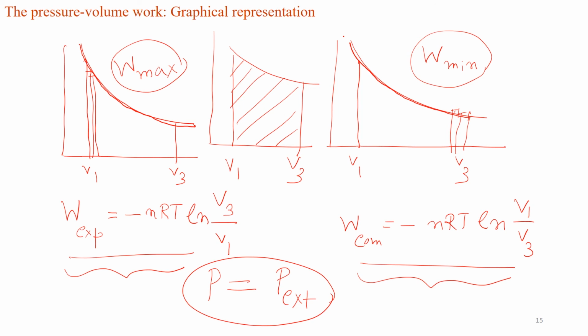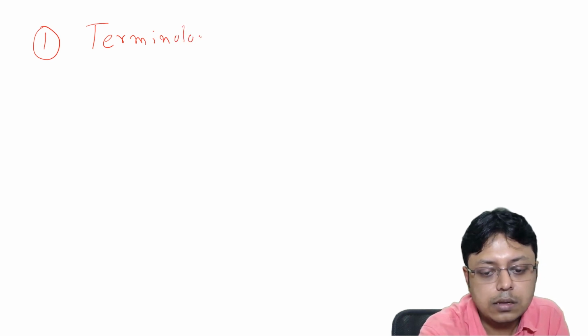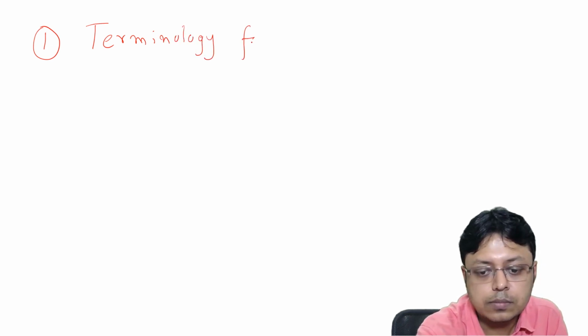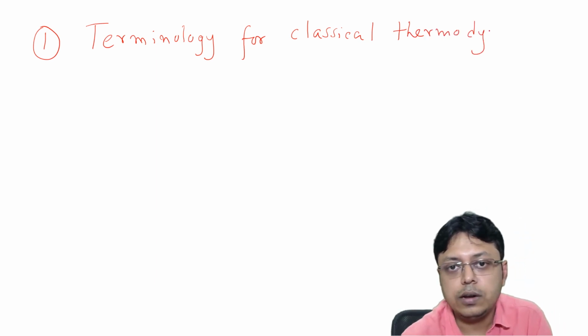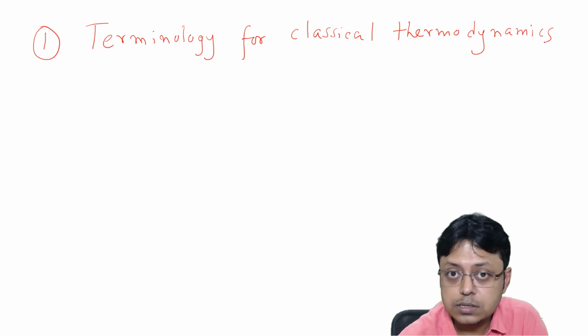So to summarize what we discussed today, we first discussed what are the terminology for classical thermodynamics, where we defined many terms such as system, surrounding, what are open, isolated and closed system.